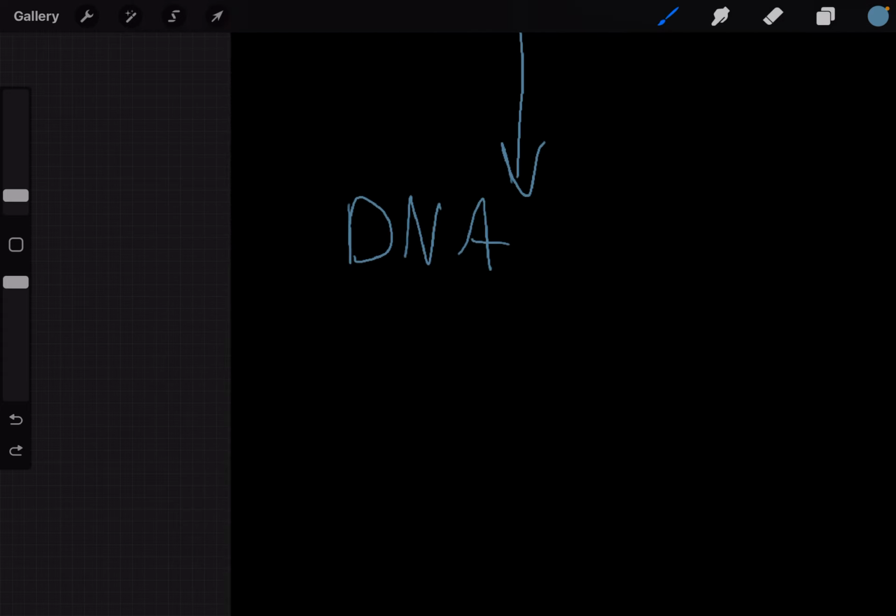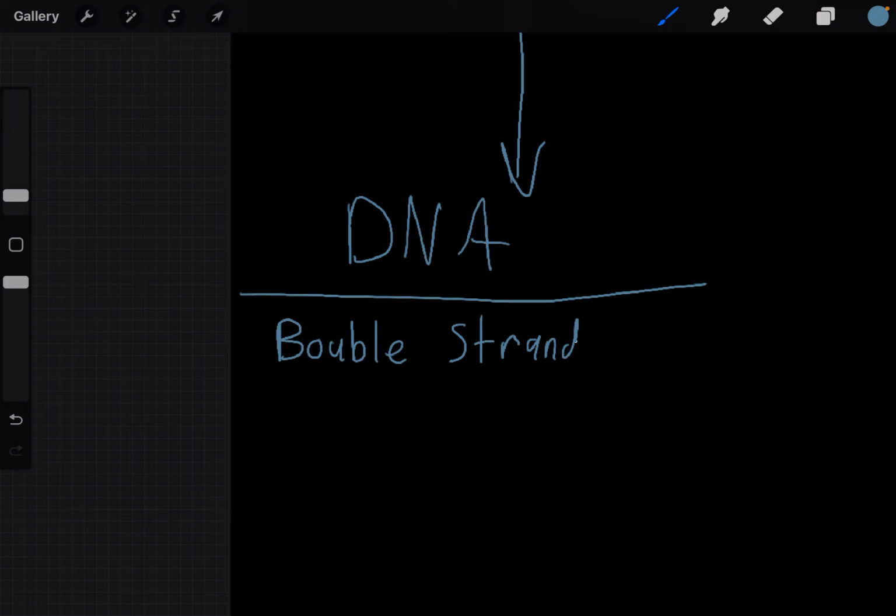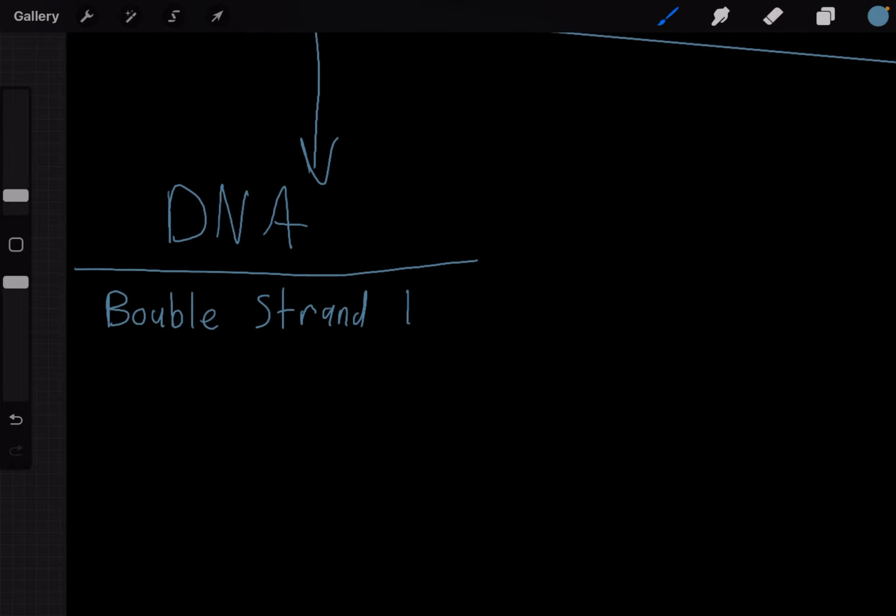DNA. There are a couple of main differences between DNA and RNA. DNA is double-stranded, a double-stranded helix, because it's a helix. It's also anti-parallel.